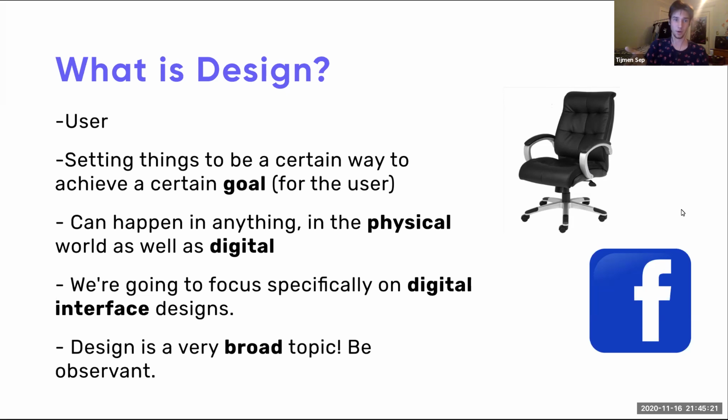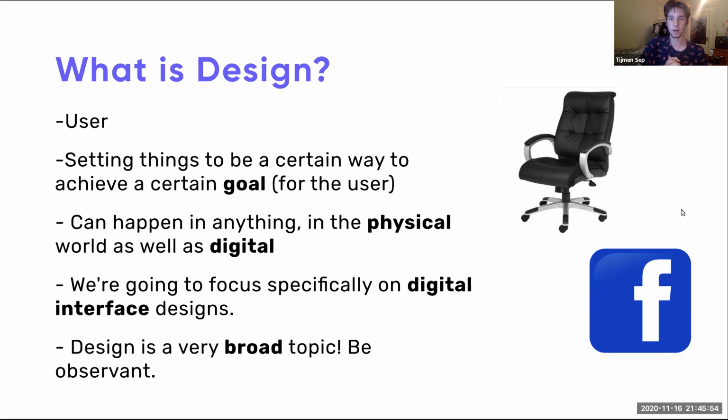Design is a very broad topic, and it's often pretty tough to know where to start and how to start thinking about design. So when we say be observant, that means that from now on, if you are really trying to expand your design brain, it's always good to ask yourself some key questions when you are looking at anything that's been designed.